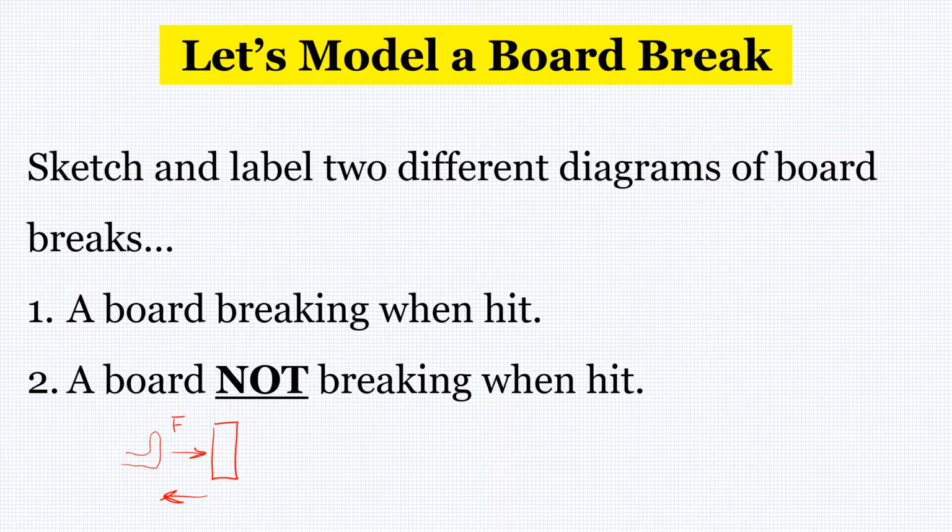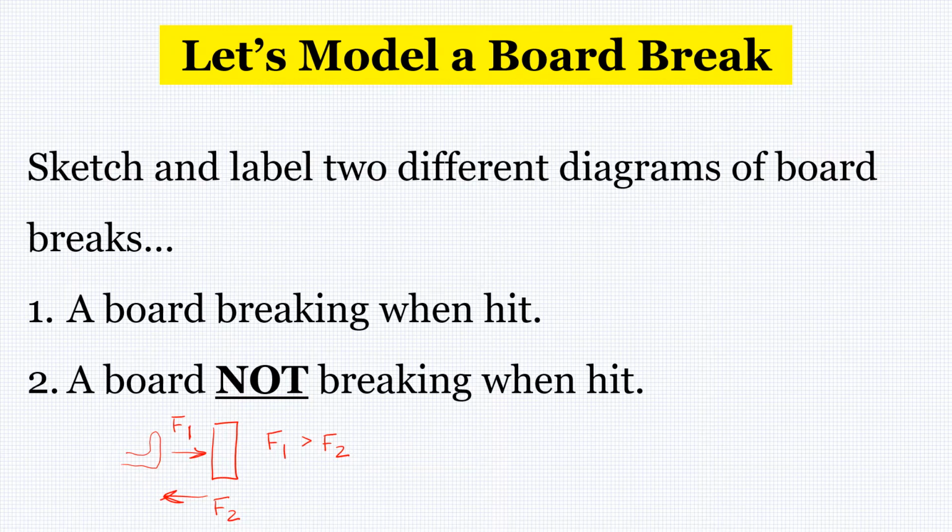So I've got my force, F1, and then I have F2, which is the amount of force that the board is pushing back on me with. If I'm breaking it, F1 is going to be greater than F2. The board naturally tries to resist me when I touch it. If the force that I'm applying on the board is greater than the force the board is pushing back on me with, I'm going to go through it.